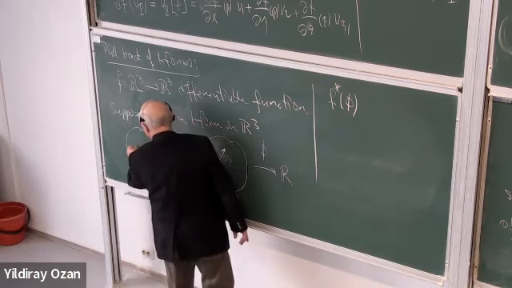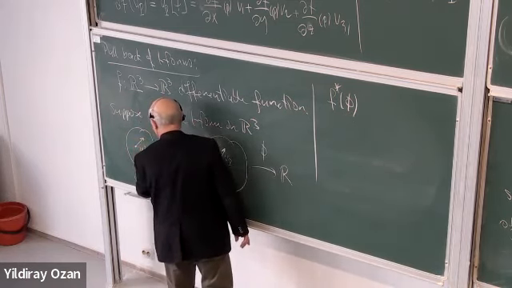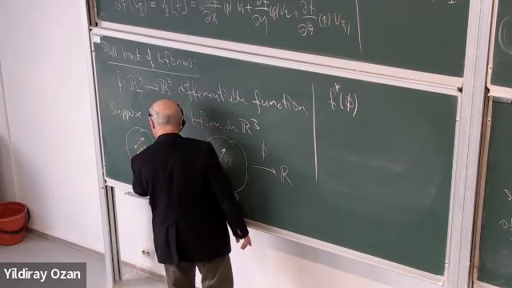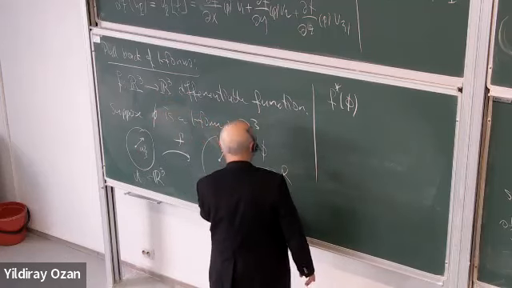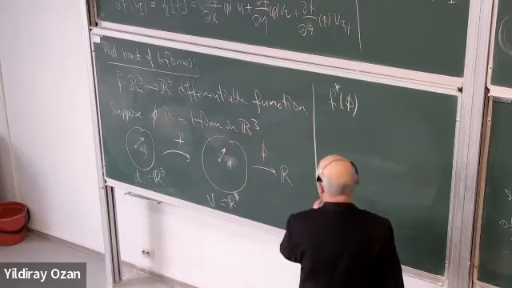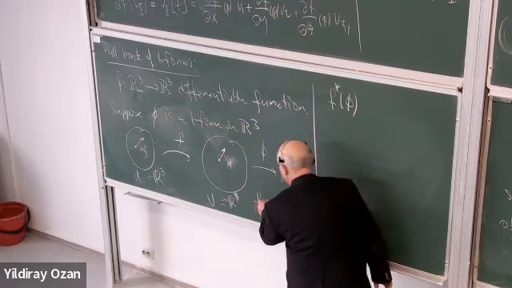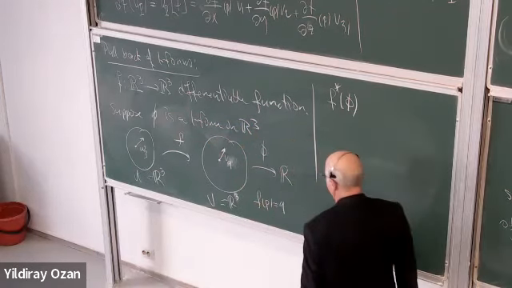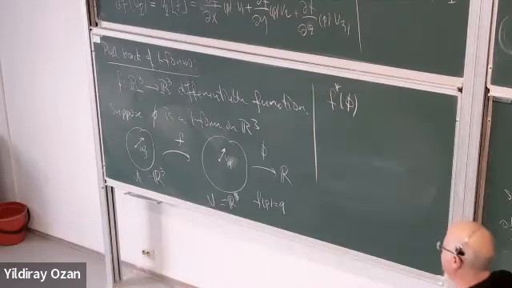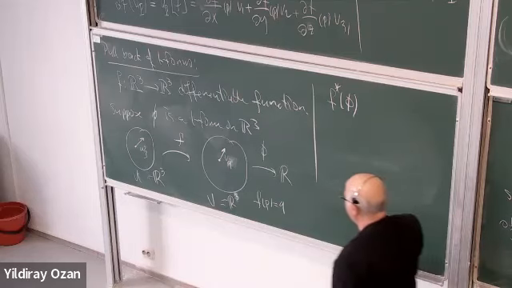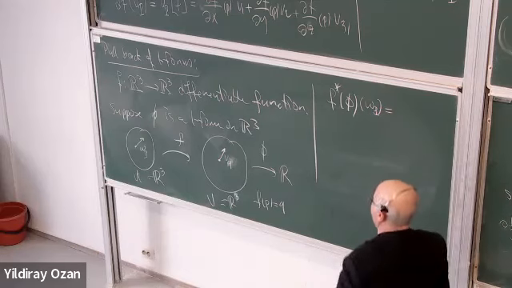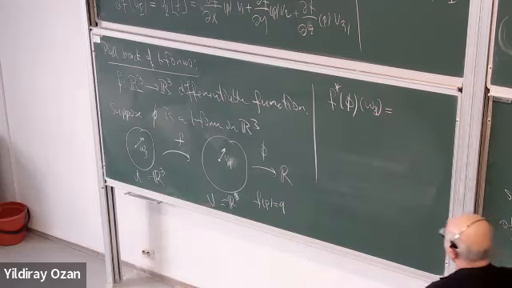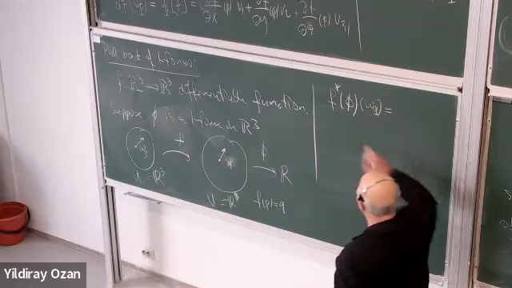Suppose I have a vector W at, let's say, P. Let me say this is Q, so that f of P is equal to Q. What we do, so the value of this gadget at this vector is the following.